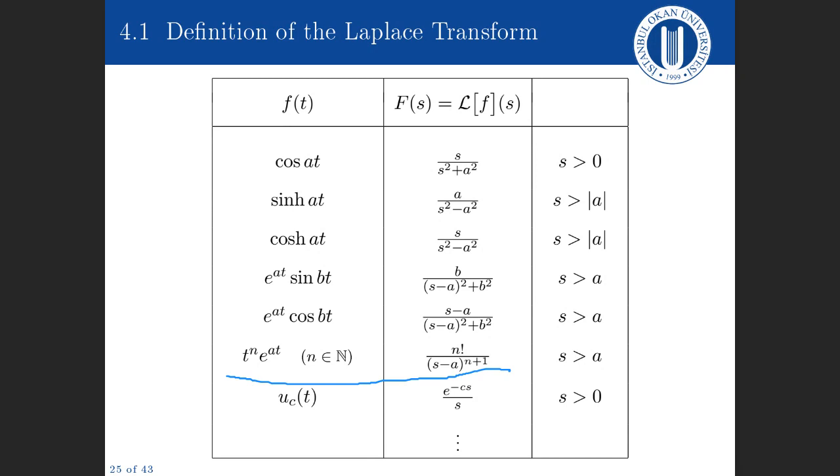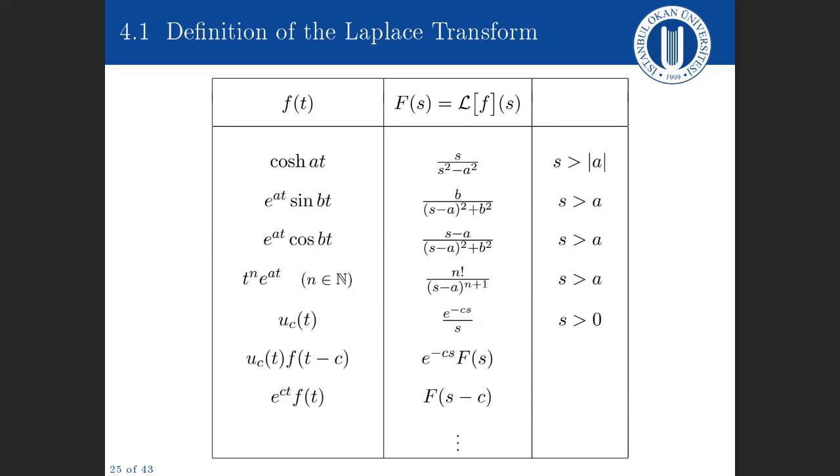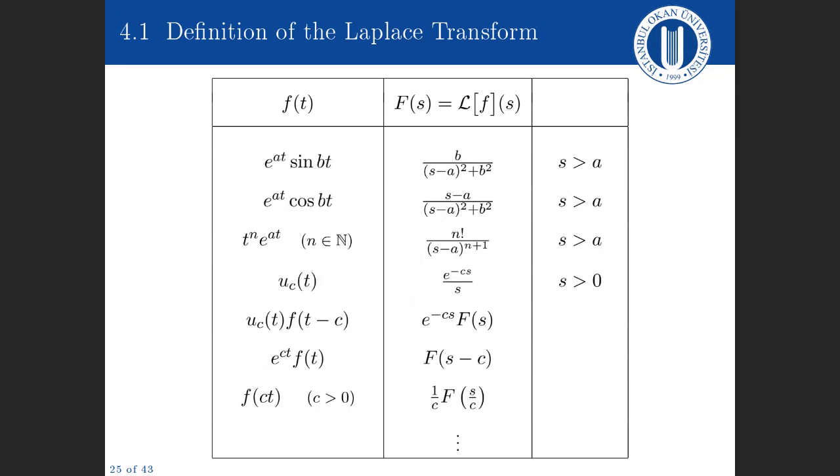You've seen how we calculate the Laplace transform of t to the power n multiplied by a function. So you could do this now. The next 3 we'll talk about next lesson or the lesson after that. Ignore those for the time being. We're not ready for those yet.